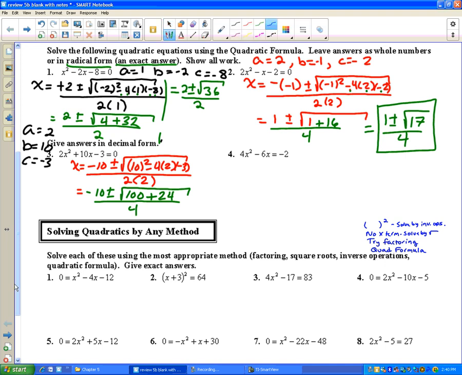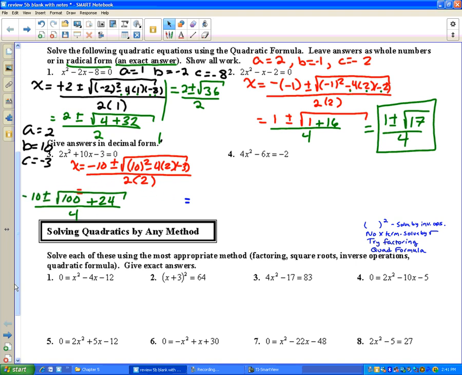Simplify it, and I'm going to get, hold on, I'm going to move the green over here so that I have some room over here. Negative 10 plus or minus the square root of 24. That's a lie. That's 100 plus 24, so that's the square root of 124 over 4.